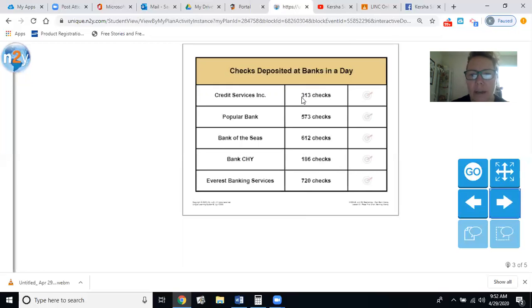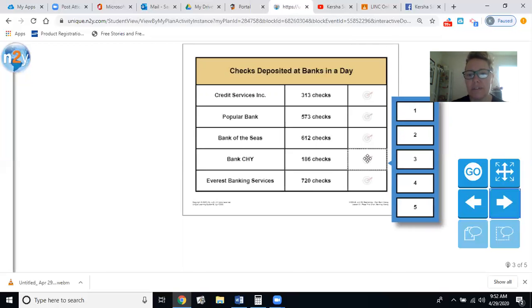I'm going to look at the very first number of each of these larger numbers. So we have 3, 5, 6, 1, and 7. 1 comes right after 0. So this is the least amount of checks.